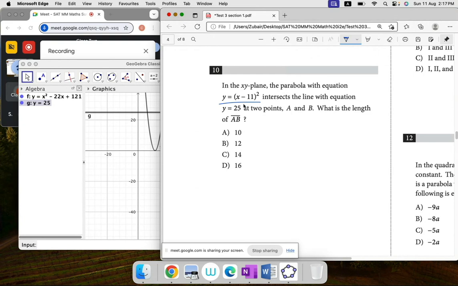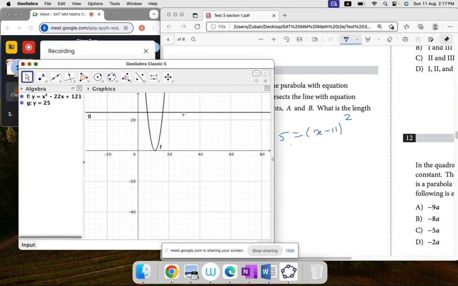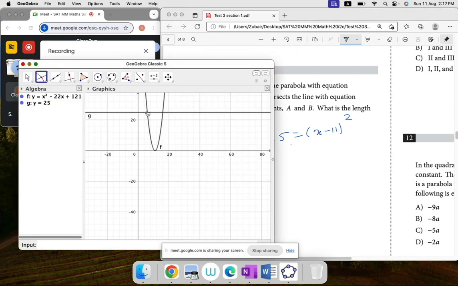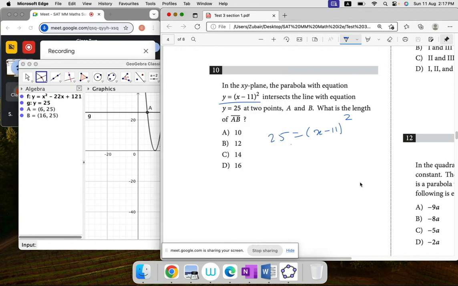(x minus 11) whole square equals 25. The other option would definitely be the quadratics, where I need to know that 25 is equal to (x minus 11) whole square. I'll find two values of x and then use them to find the distance between A and B. The other way is that I'm not thinking about anything and I'm looking at these points where x is 6 and 16, and the distance between them is 10.